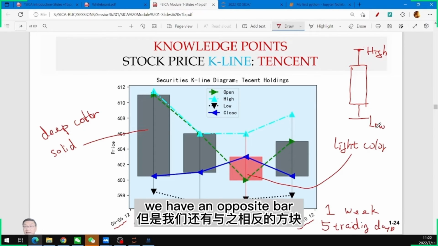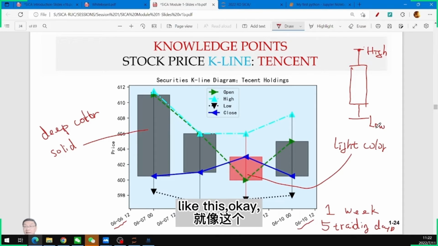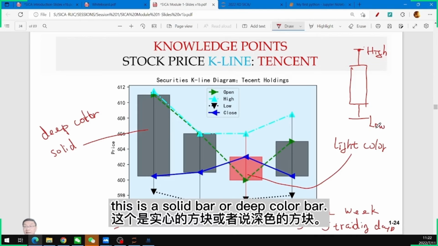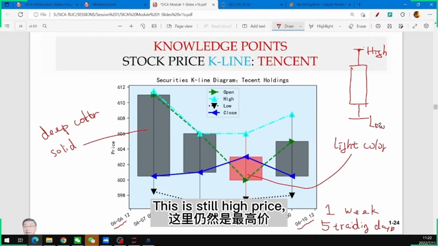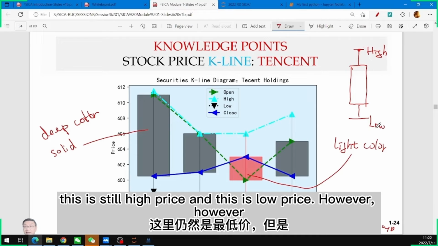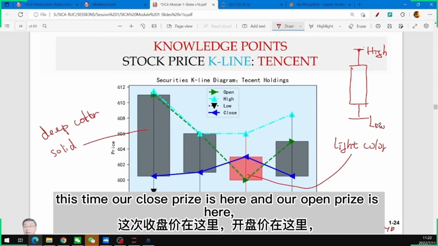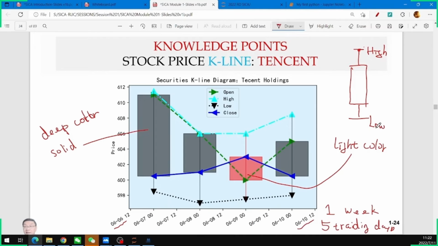However, we have an opposite bar like this. This is a solid bar or deep color bar. This is still the high price, and this is the low price. However, this time our close price is here and our open price is here. Very different.